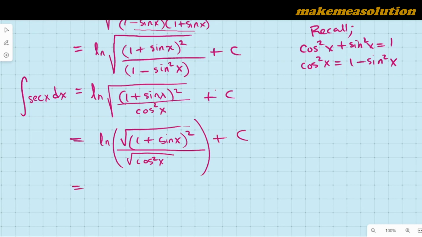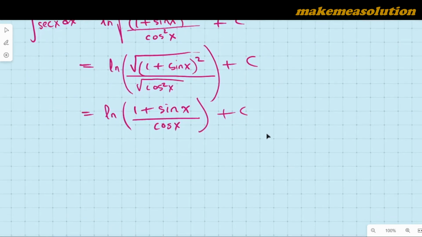So if you do it like that, you're going to get ln of (1 plus sine x) over cos x plus constant of integration. Now after doing it like this, you can distribute the denominator to each term in the numerator like this, 1 over cos x plus sine x over cos x plus c.